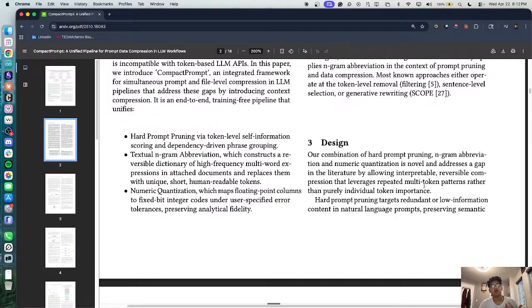We know that hard prompt pruning is basically a way to score all the tokens within your prompt and then figure out low level tokens, basically tokens that don't really meaningfully provide any information to a prompt, because that naturally happens when we're talking, especially with users' prompts.